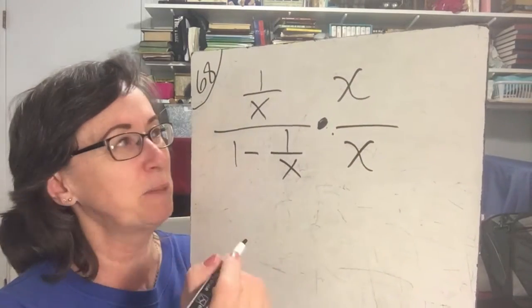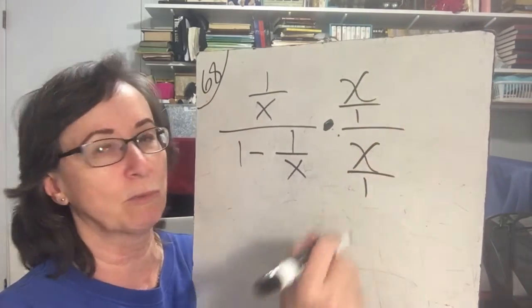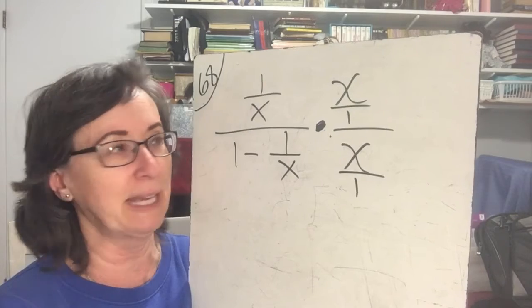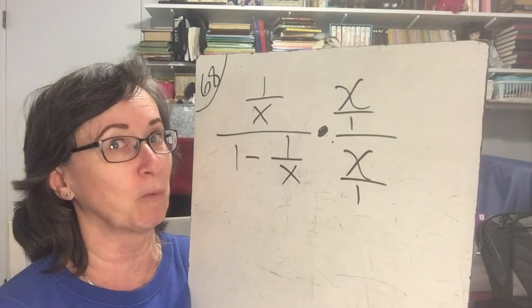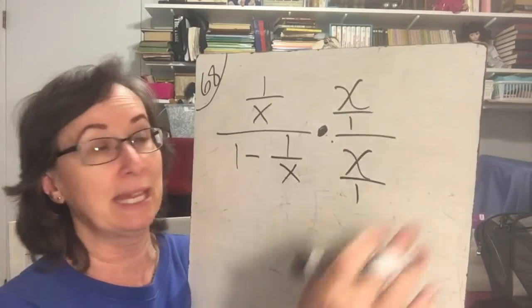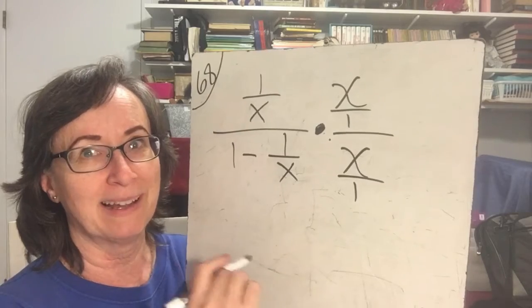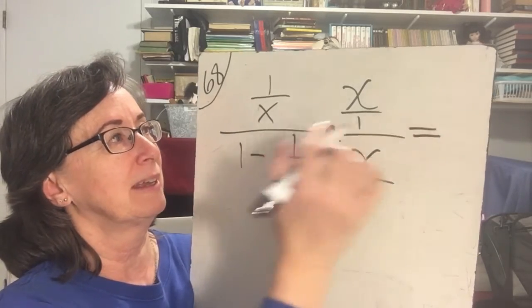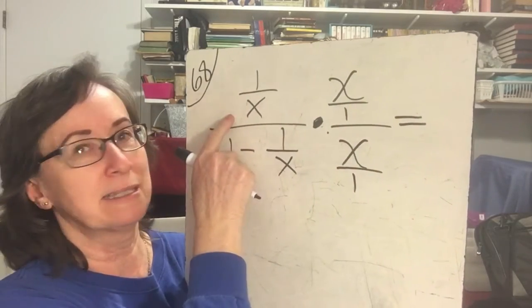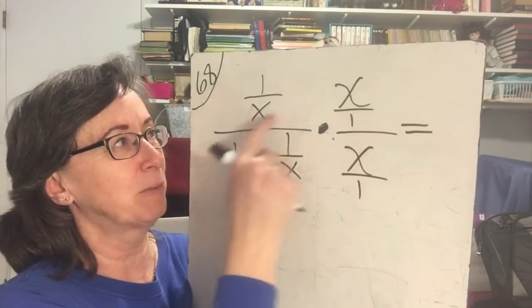Just to make it a little bit easier, I'm going to make it x over 1 times x over 1. It's the same thing, right? I'm just turning it into a fraction with 1 as the denominator. So x over x is the same thing as x over 1 divided by x over 1. Now, let's multiply. 1 over x times x over 1. Isn't that the reciprocal of this one?